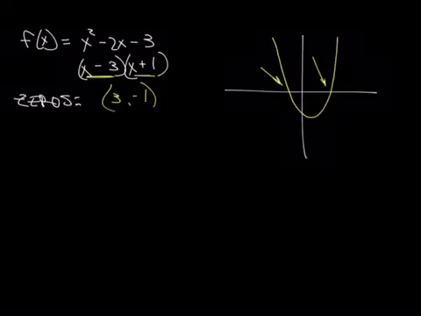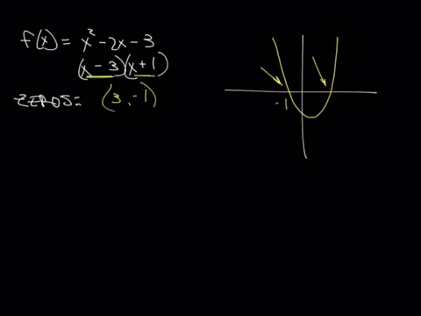That tells me where it crosses. So there's my negative 1 and there's my 3. Okay, so zeros, or again we also call them roots, but basically it's just the answers. The zeros mean when f of x is 0, when the y value is 0, which is where it crosses the x-axis. So that's where that comes from.